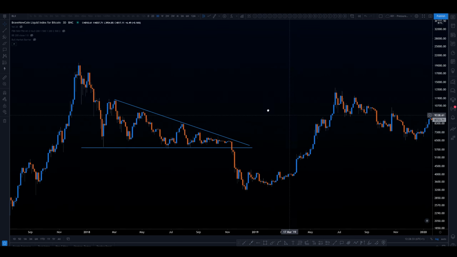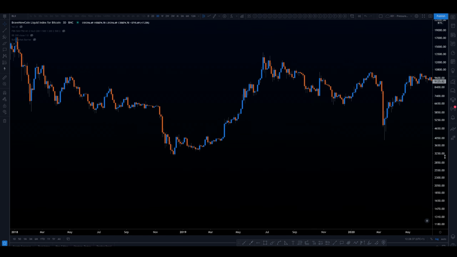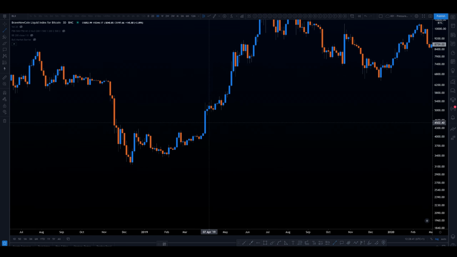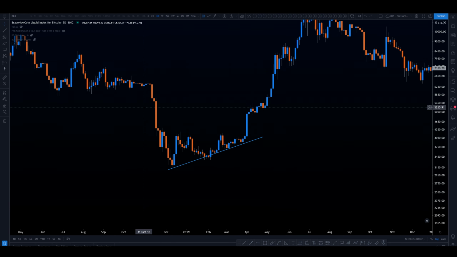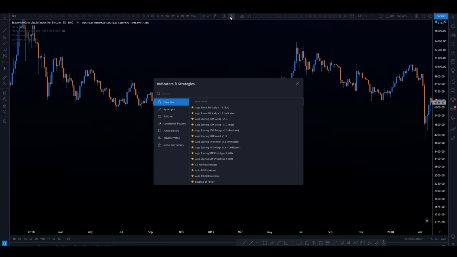Look at this bottom here. This bottom in 2018-19 was created, seemingly created, by this kind of trend line, and we also had the moving average, the 200-week moving average.